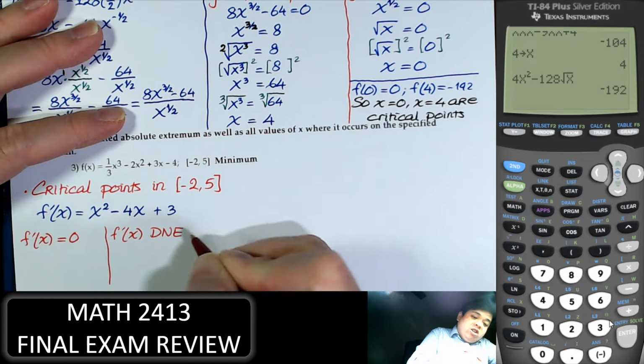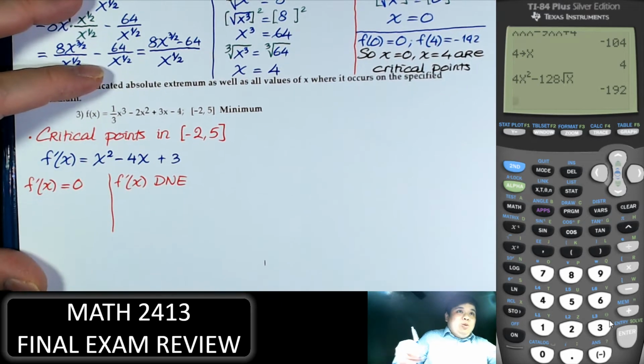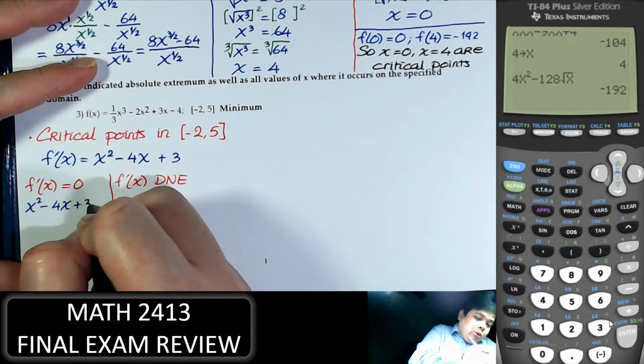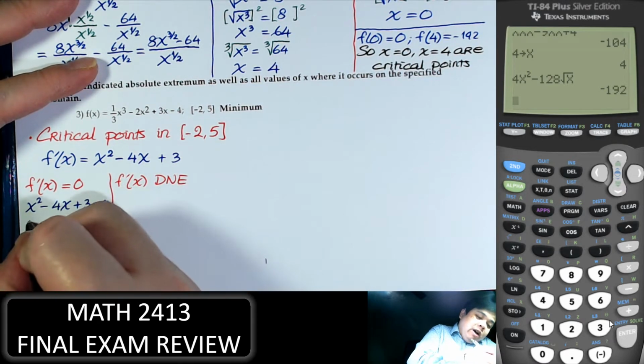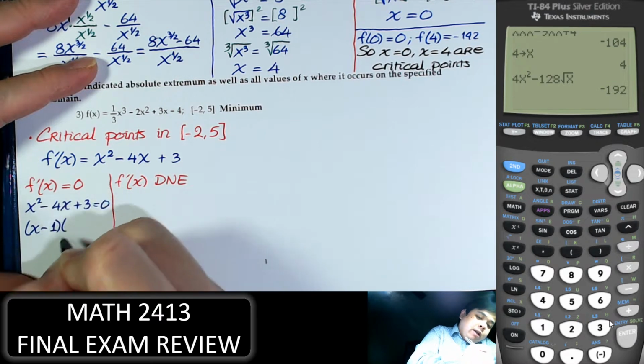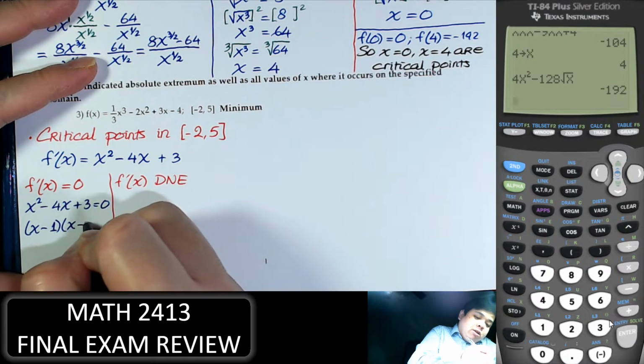We don't have a fraction here, so that's all we have. So x squared minus 4x plus 3 equal to 0. So we factor it: x minus 1, x minus 3.